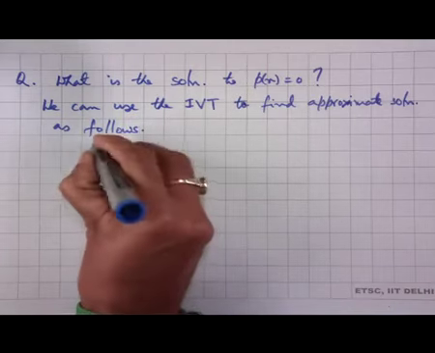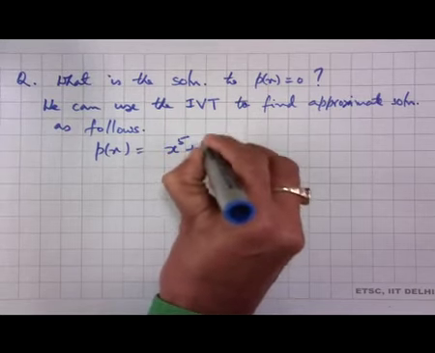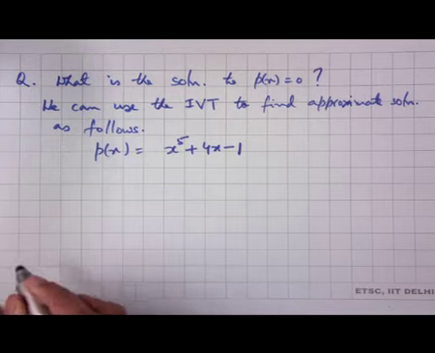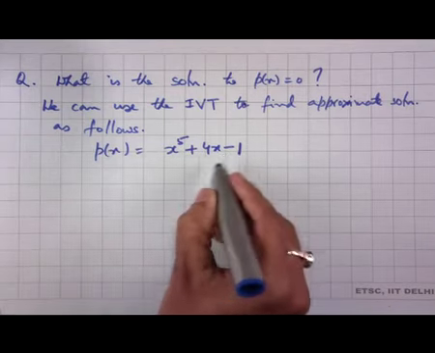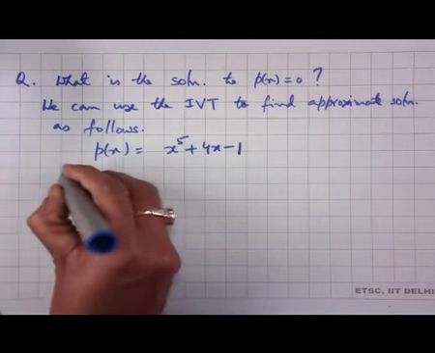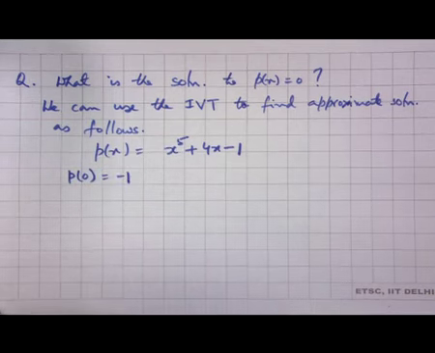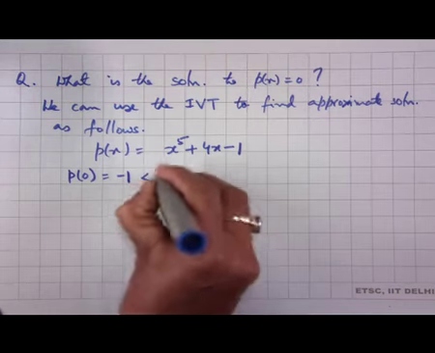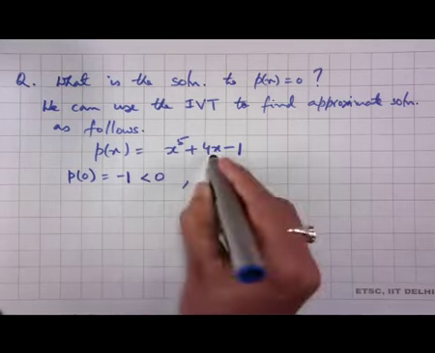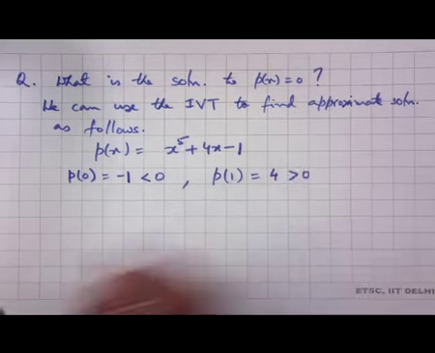What we have is p of x equal to x to the 5 plus 4x minus 1. Note that if I put x equal to 0, p of 0 is equal to minus 1, which is negative. If I put x equal to 1, then I get 4, which is positive.